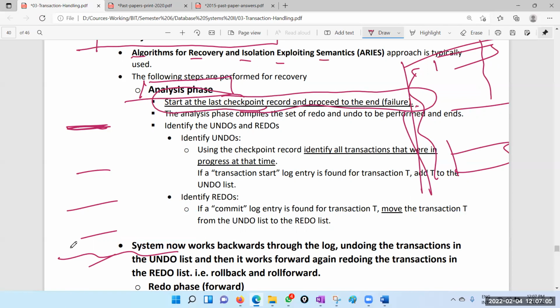So the failure means the last entry, because after that time the DBMS has crashed due to hard disk failure or system failure. So you start with the last save point and you analyze up to the failure.